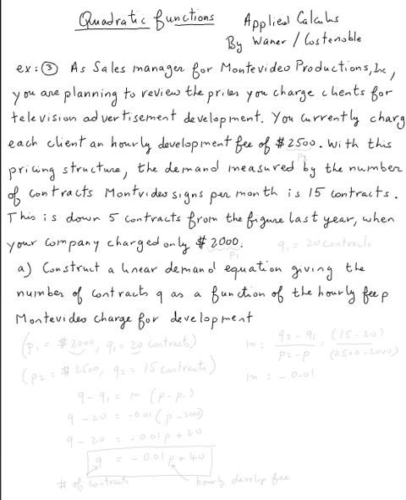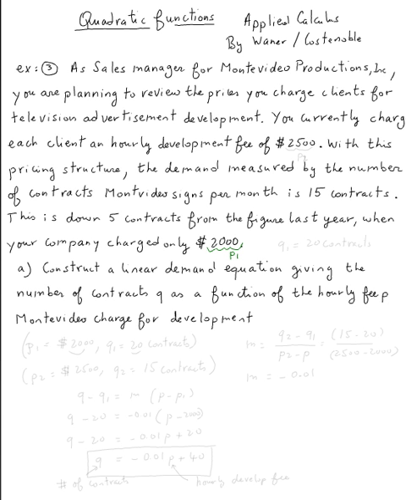This is down 5 contracts from the figure last year when your company charged $2,000. So last year, when P1 was $2,000, it was 20 contracts because it's down 5.